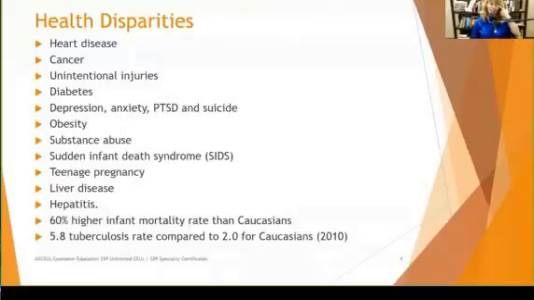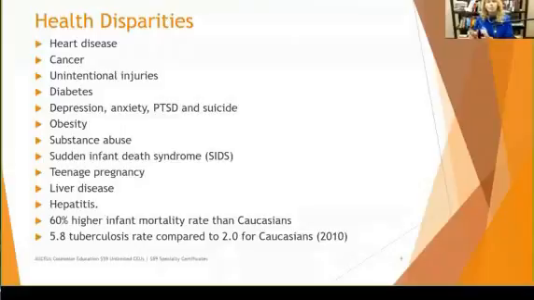Remember, there's a 60% higher infant mortality rate for Native Americans than for Caucasians. And they also have a little bit more than double, almost triple the rate of tuberculosis than Caucasians do. So there's a lot of health stuff going on here.